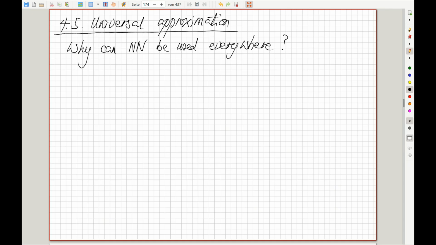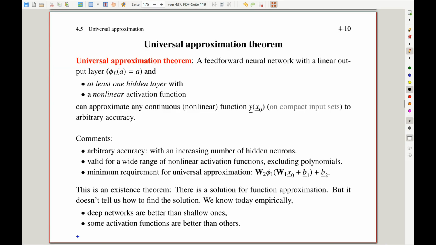There's a very simple answer to this question, and you see the answer now on the next slide in terms of the universal approximation theorem.